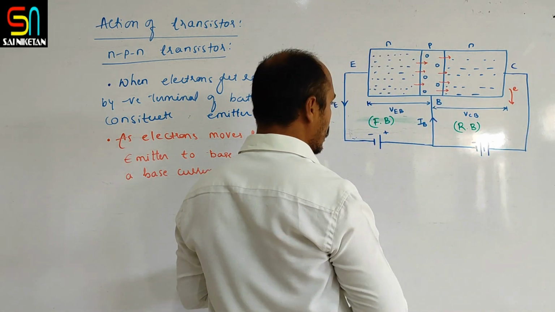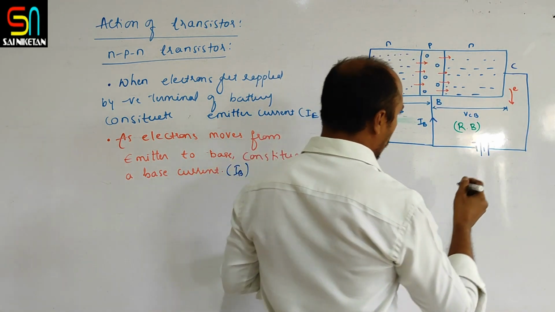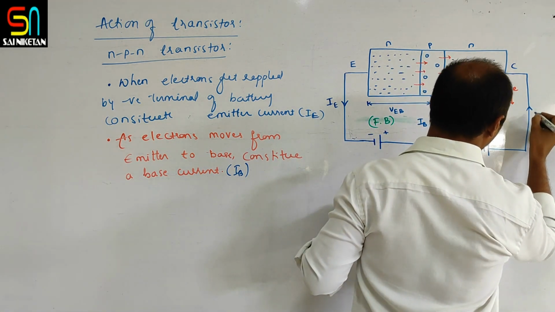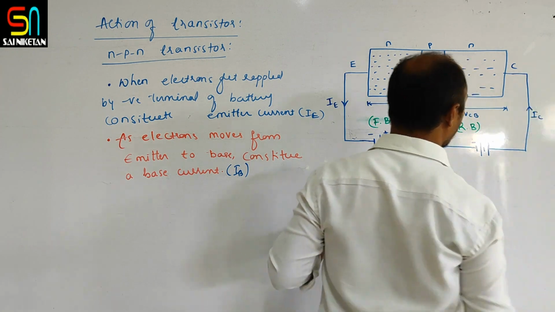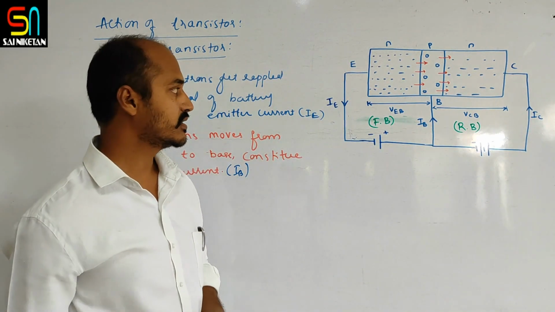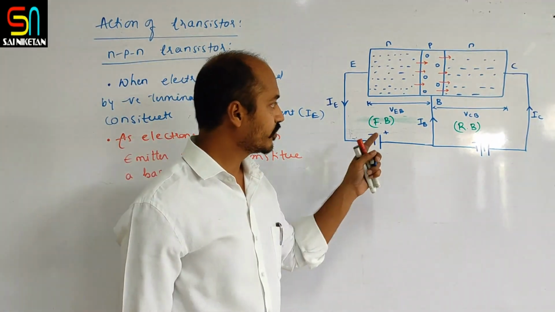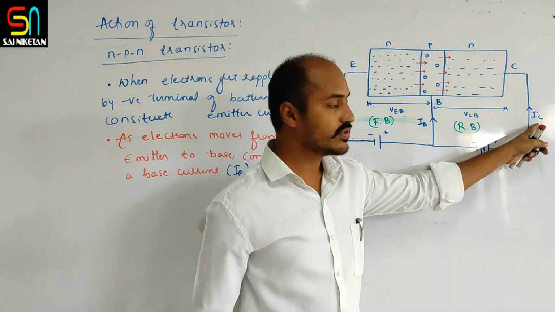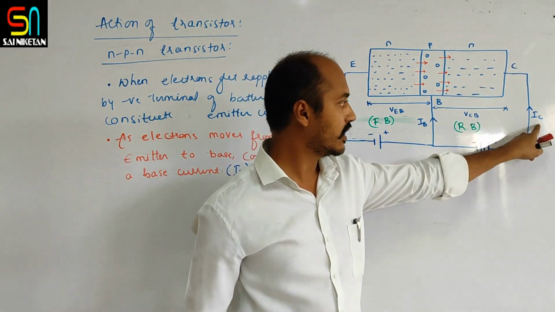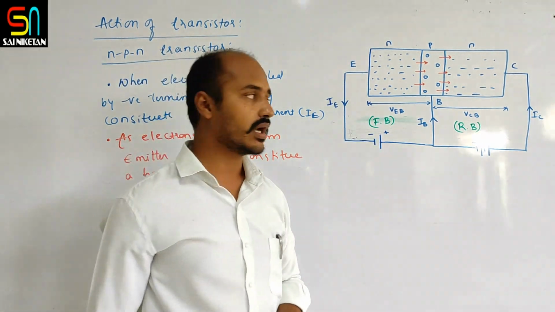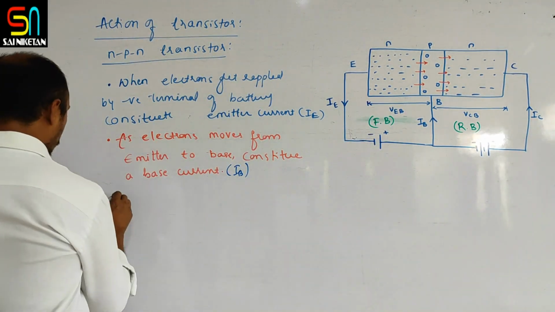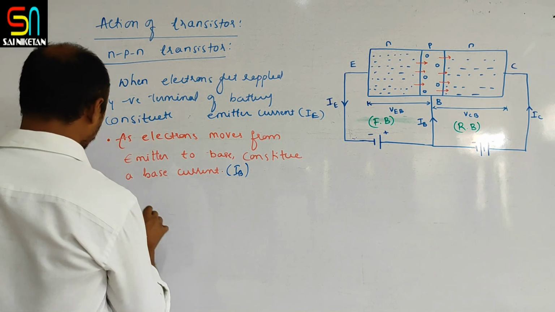And the direction of current is opposite to the movement of electrons, and it is the collector current. So the current in the collector region is the collector current, in the base region is the base current, and in the emitter region is the emitter current. So that is regarding the collector region.